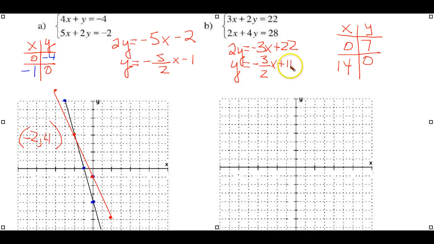Now it's giving me an 11, and I don't have 11 spaces. So what I'll have to do is make each of these 2. This will be 2, 4, 6, 8, 10, 12. So I can do an 11. And I need a 14. So let me sketch these in.